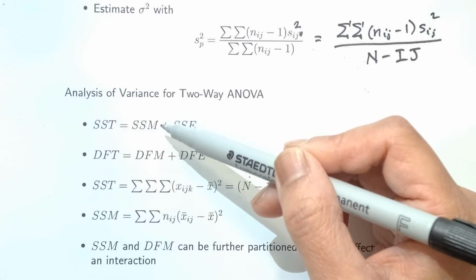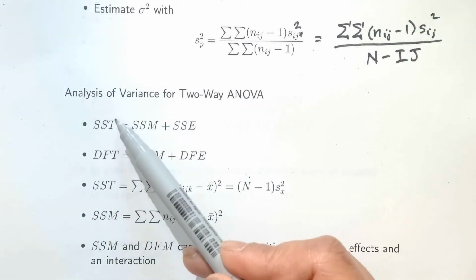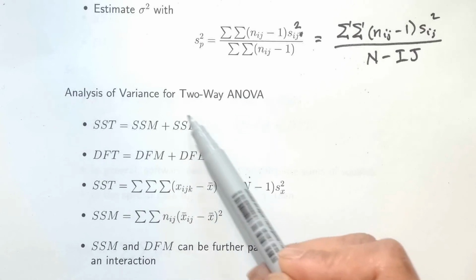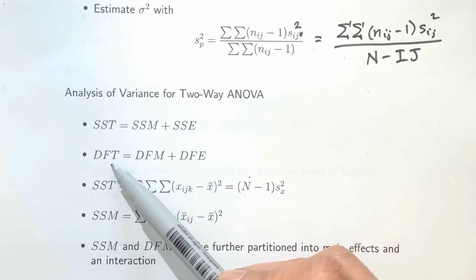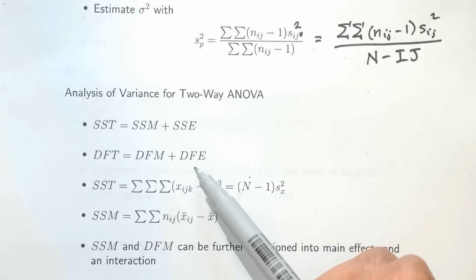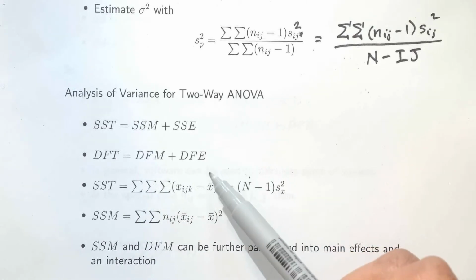So we'll play a similar game here. Our sum of squares total decomposes into the sum of squares model plus sum of squares error, as do our degrees of freedom.